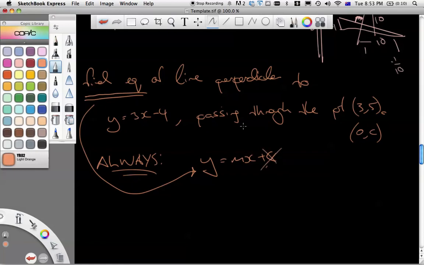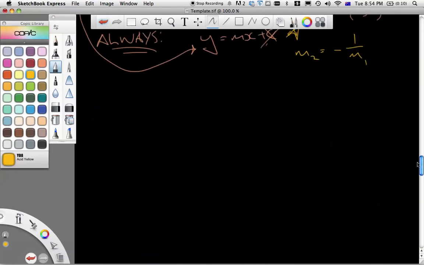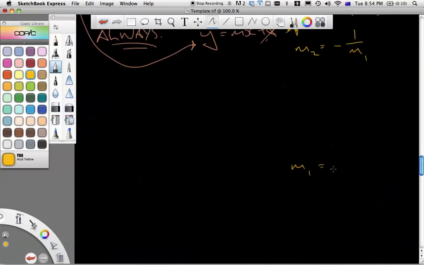Do we have the m? Well, we do, because we've got this keyword perpendicular. And that means that m2 equals -1 over m1. Now here I wrote m1 equals -1 over m2, but they're actually the same thing, because if I have m1 equals -1 on m2, times both sides by m2, m1 m2 equals -1, divide both sides by m1, m2 equals -1 over m1.